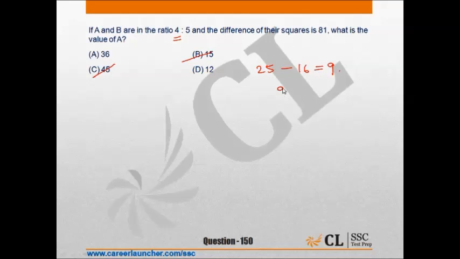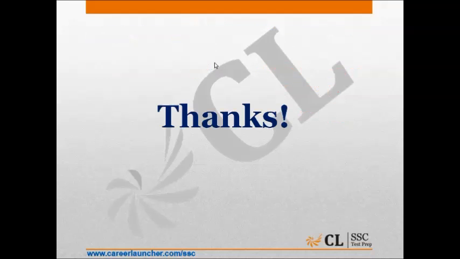So if I say 25x square minus 16x square equal to 9x square, then 9x square would be equal to 81. X would be equal to plus minus 3. Putting the value of 3 in this, we get 4 into 3, that is equal to 12. Hence our answer is option D.